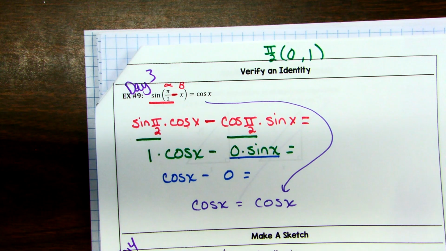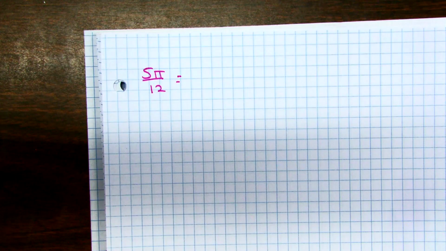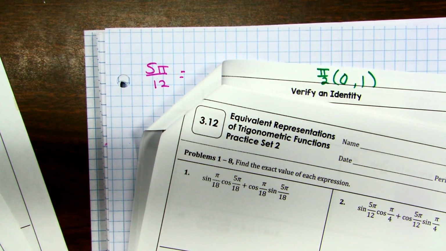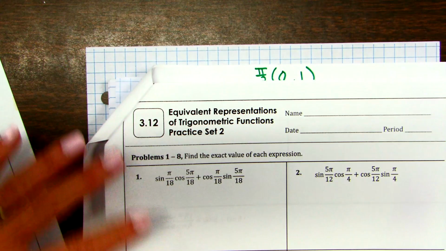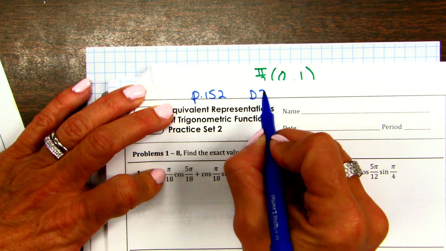Ready for homework? Let's go to page 152. Is that right? Guys, somebody tell me. I messed up last one. Page 152. This is D3.